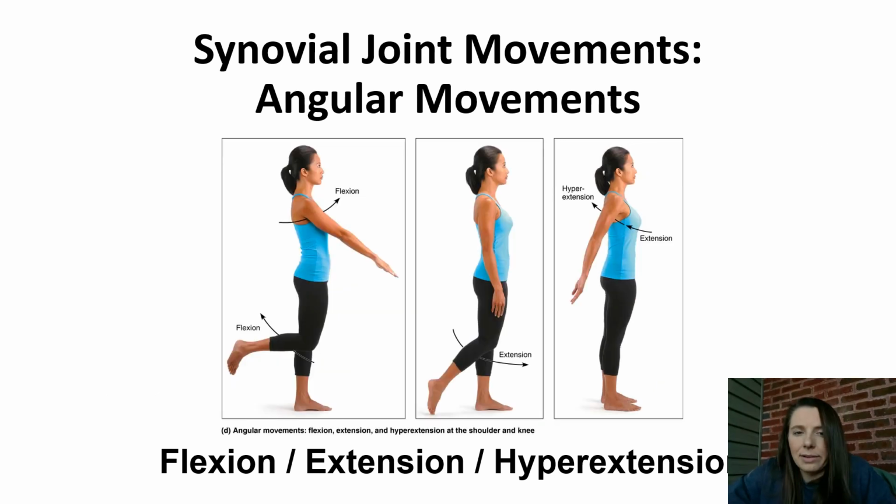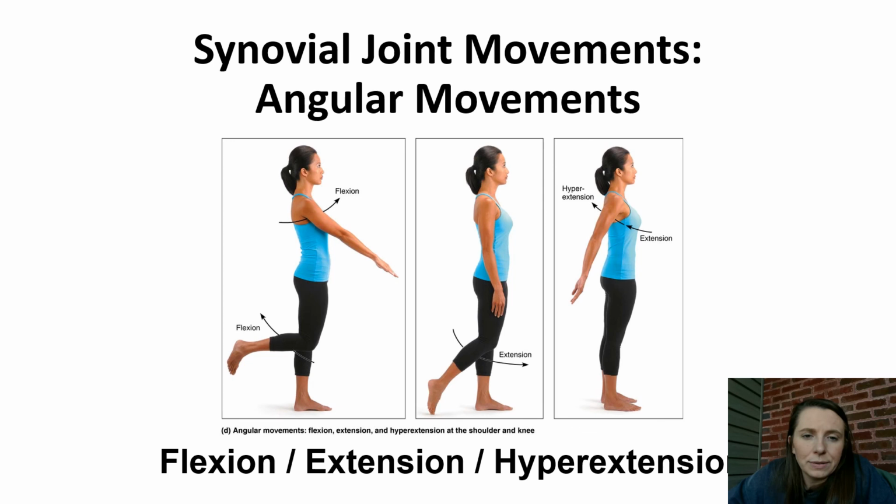So this is another slide showing you examples of flexion, extension, and hyperextension, this time of the legs and knee. So to flex the knees, when you bend it, you're decreasing the angle. To extend the knee would be straightening it out from a bent position.